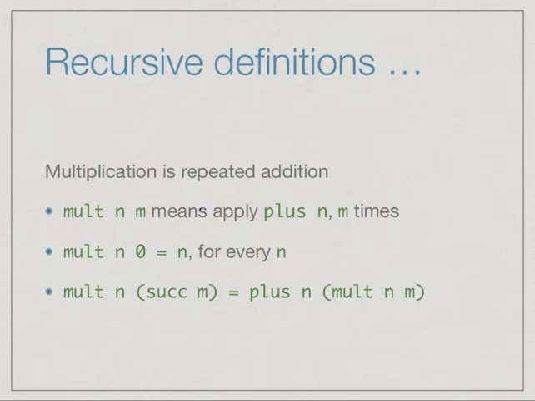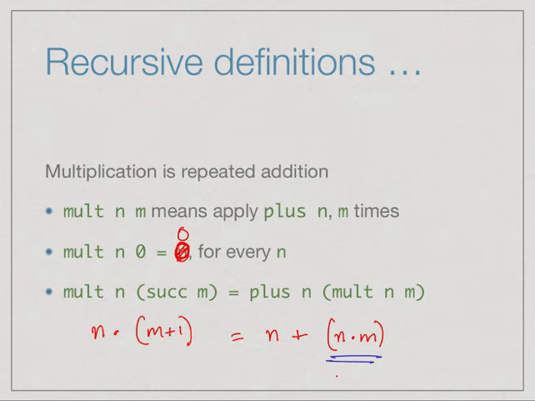So the base case says that if I multiply any number by 0, then I will get 0. Right? So this is not n but 0. So multiplying n by 0 is 0 for every n. And now n times (m plus 1) is just n plus n times m. Right? So this is the inductive case.